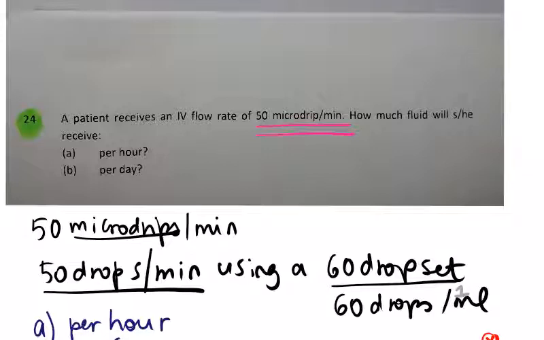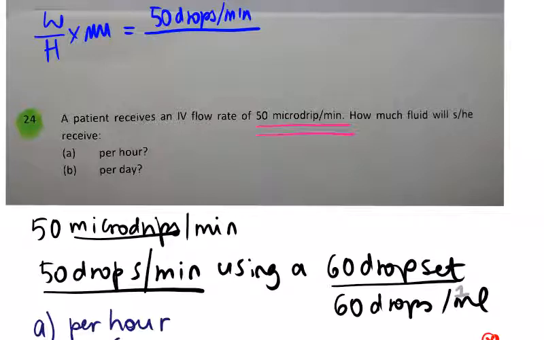So what we could say here is, it doesn't sound so easy to talk about want over have times the third number. But what we want actually to discover is the volume, the mils, for the 50 drops per minute flow rate. So 50 drops per minute, and I'll carry the minute there with me, is our want, because that's what our focus is. The have needs to match the drops here.